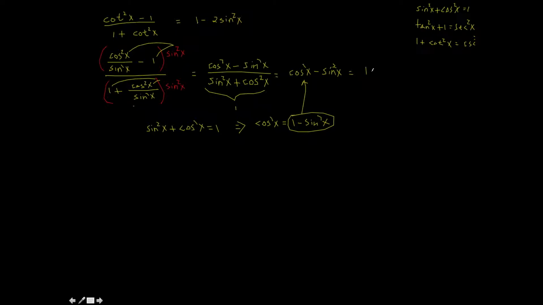So that's 1 minus sine squared minus sine squared x equals 1 minus 2 sine squared x. Alright, so check, we have our answer.